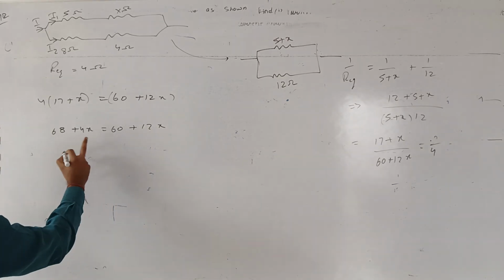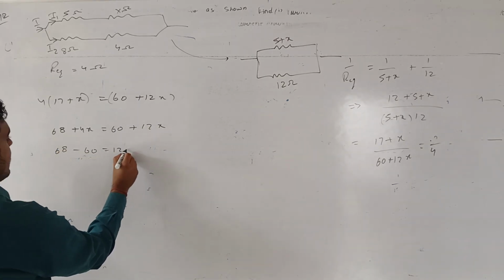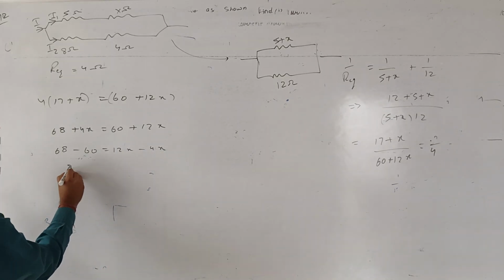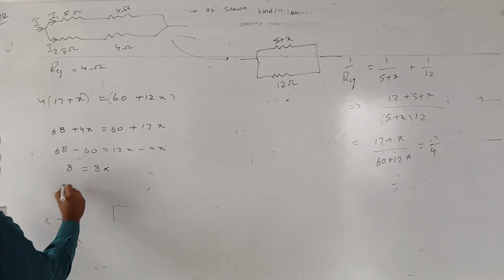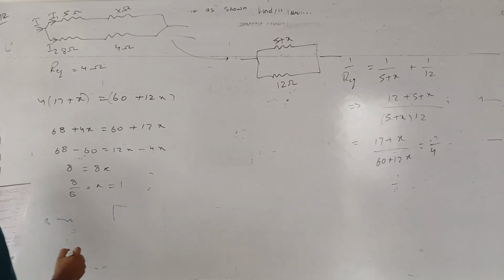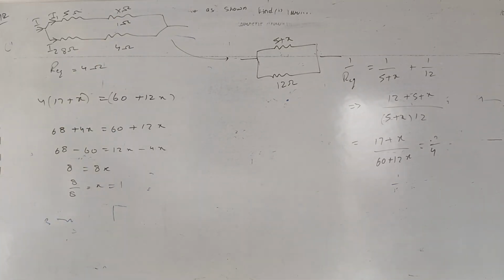Now 4X will come to that side: 68 minus 60 is 8, equal to 12X minus 4X, which is 8X. So X comes out to be 1. So the value of this resistance is 1 ohm. This is the value of X.